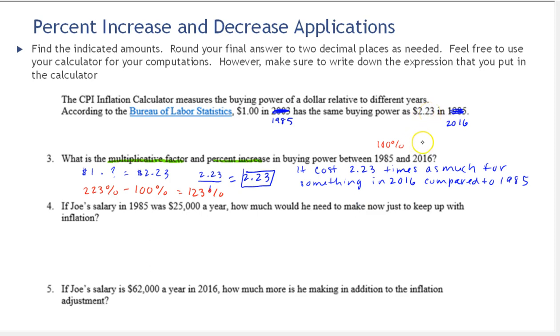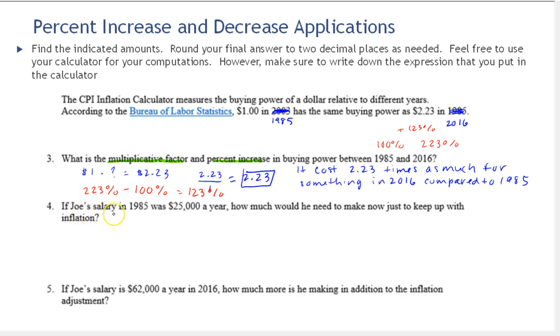So this is 223% of 100%, which is an increase of 123%. So we found that by subtracting the $1 from 1985 as a percent, which is 100%, from the multiplicative factor as a percent, and we get a 123% increase in buying power.